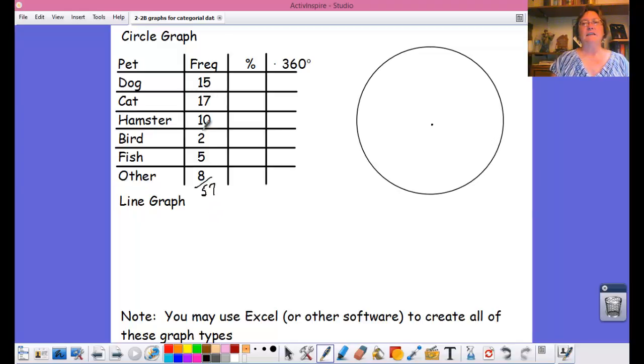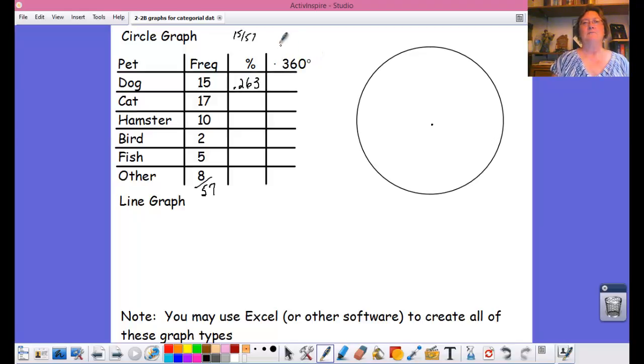So to find the percentage of dog data, we would take 15 divided by 57. Find that percentage. I rounded mine to 3 places, and that was 0.263 or 26.3%. That percent of my circle has to go towards dogs.